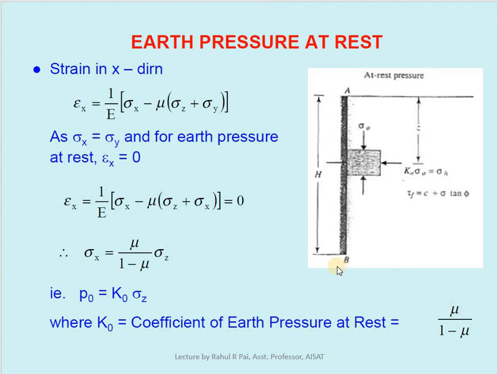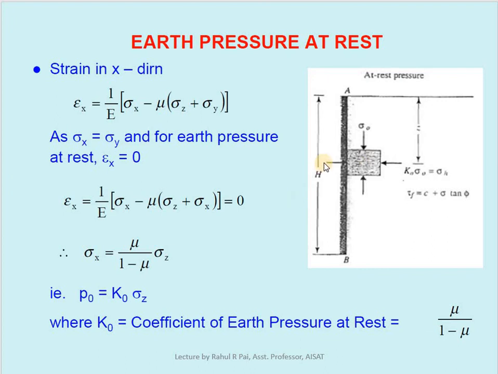You already know that. So here the most important thing is, in the at rest condition, the stress in the x direction and the y direction are the same. Here the z direction is in the downward direction, we must be very careful. And let us take this as the x direction, and the axis perpendicular to the x direction is the y, the stress in the y direction.